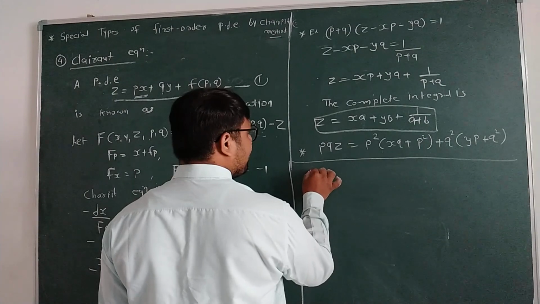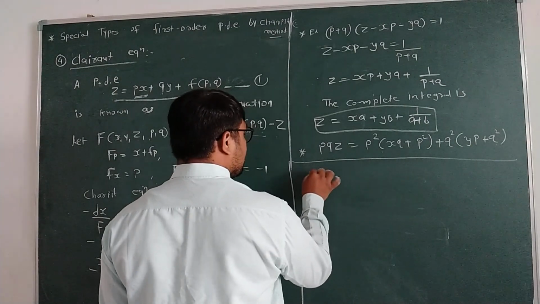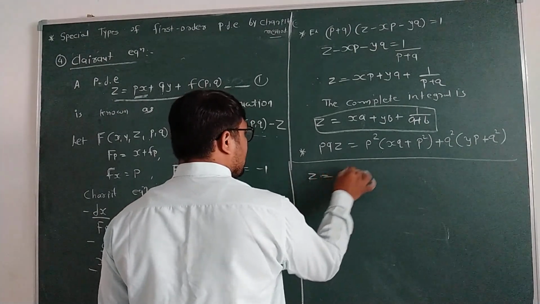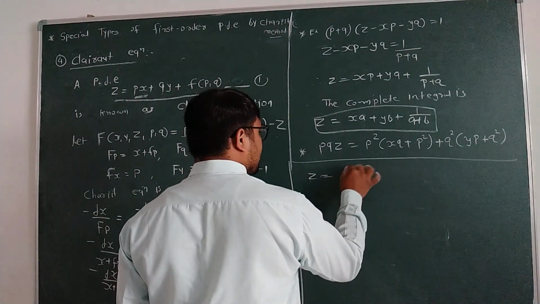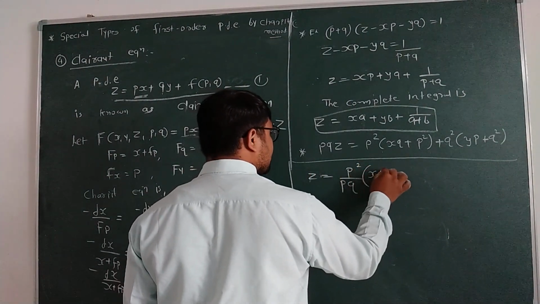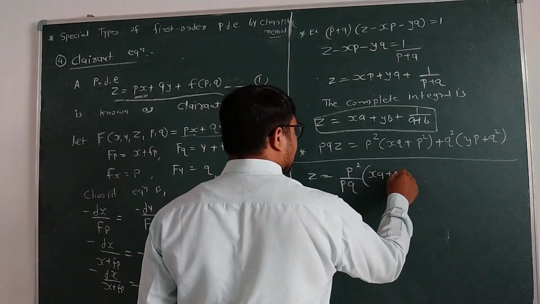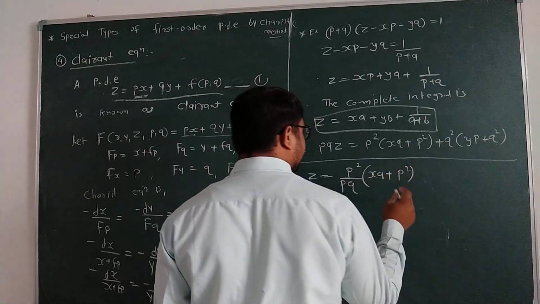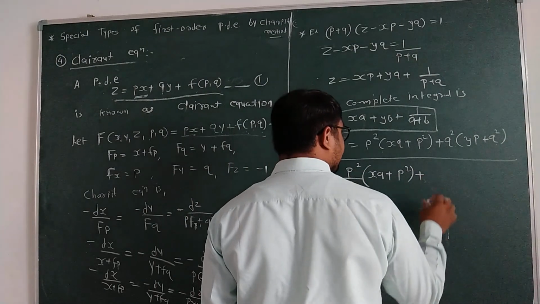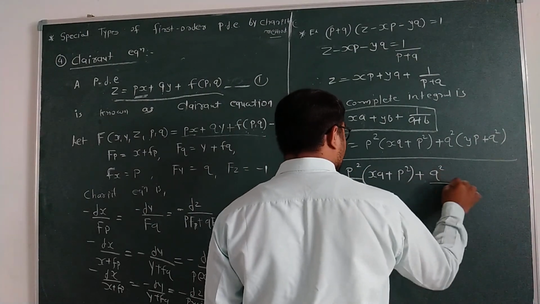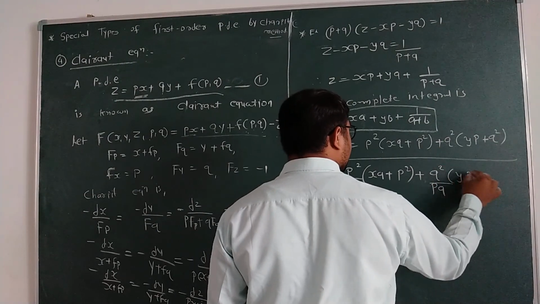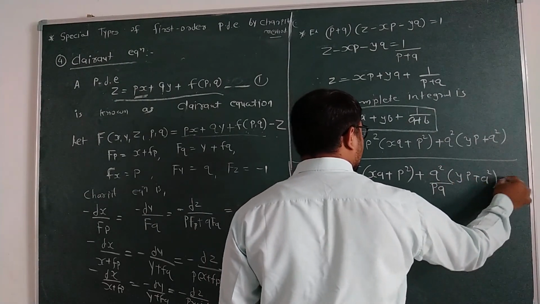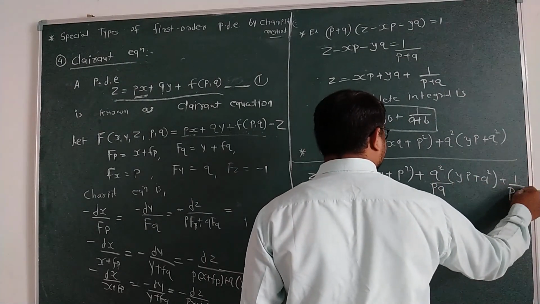So we get z equal to 1 over pq into p square x cube plus p square, plus q square over pq into y plus q square, plus 1 over pq.